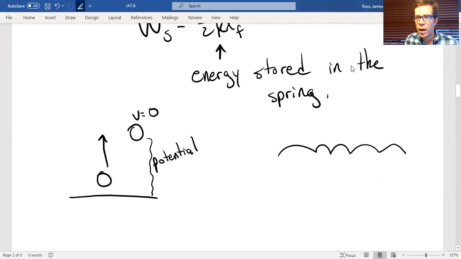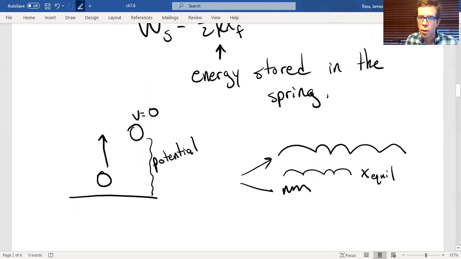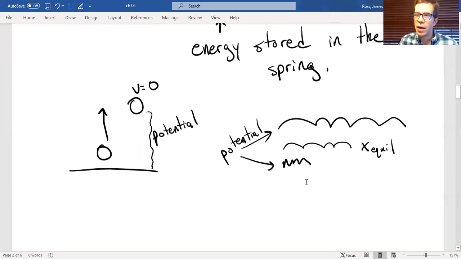When we stretch or compress a spring from its equilibrium position, we have a potential because it wants to return to its equilibrium position. And if that spring is attached to something or pushing on something, then it'll transfer some of that energy.